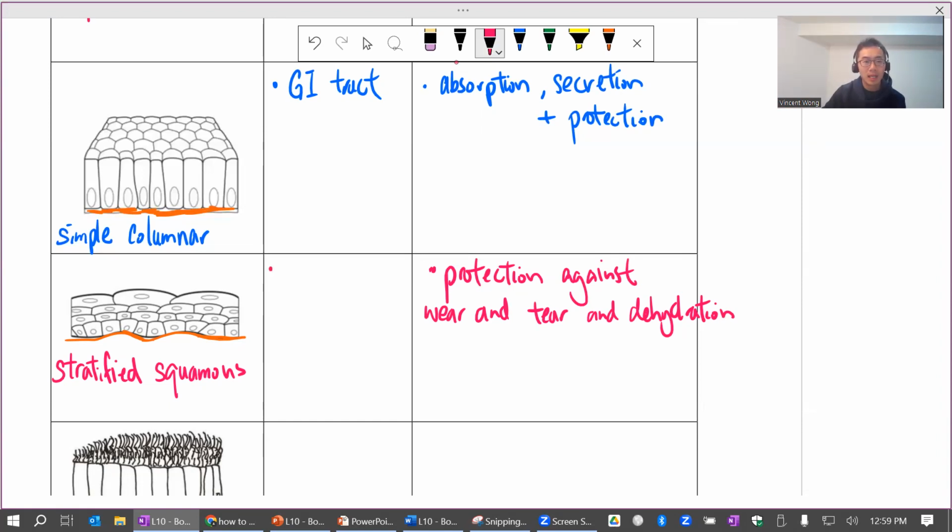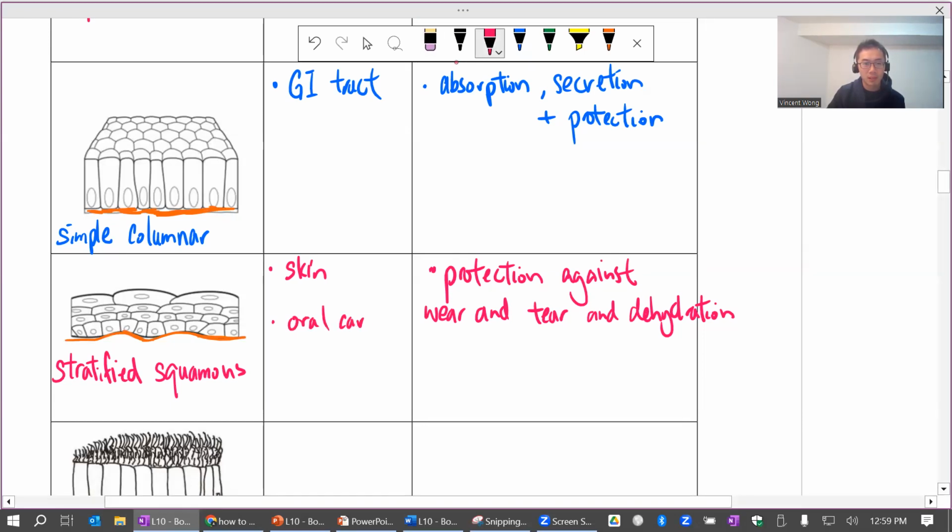Over here, where will you find it? Skin. Okay. Hands, palms, bottom of your feet. Things that don't come in contact with a lot of rubbing have not as many layers. And inside the body, we have the mouth, the oral cavity.